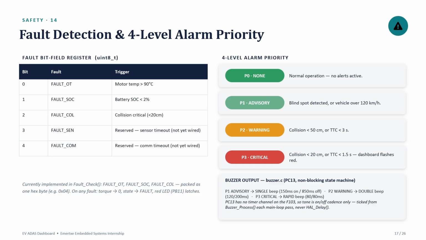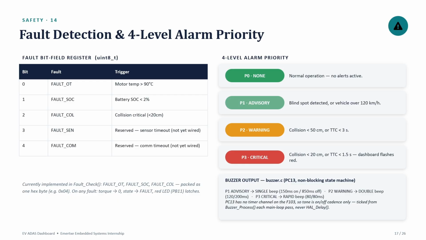Second is the advisory state, which is used for blind spot detection and advises the user that there is a blind spot and they should take a look at it. Then the warning priority tells the user that there is a chance of an incident or accident, so please give it full attention.